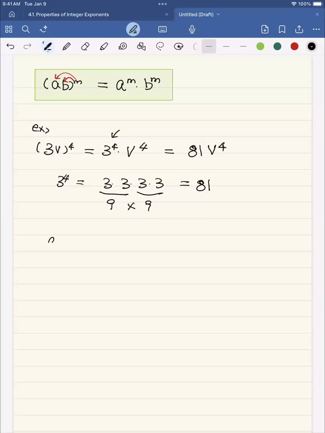The next one is a over b, parenthesis, to the n power. Then that is a to the nth power over b to the nth power. Again, we distribute this exponent to the numerator and the denominator.